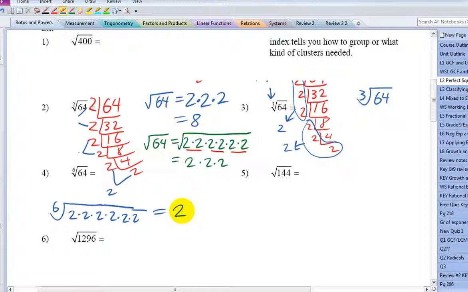What's the next one? 144. I want you to write that a different way. Write it as 1 multiplication. What would it be? Hornsberger? 12 times 12. Bingo. How many people got that? Good. So what does that equal? 12. Right? Square root 12 times 12. Good. What I want you to do now is break down 12.